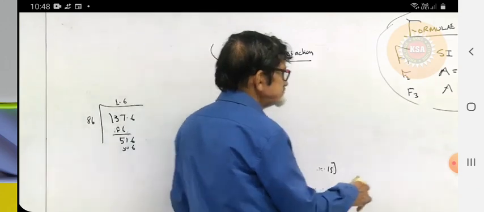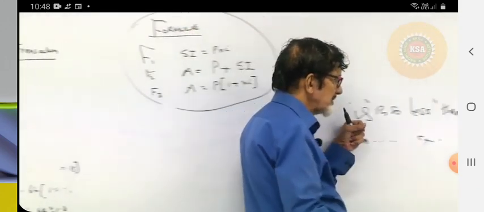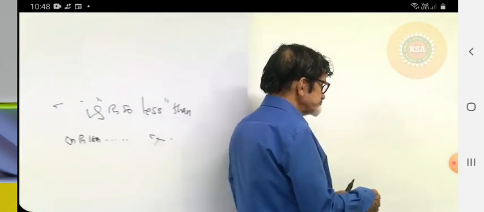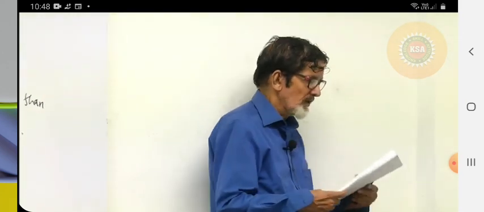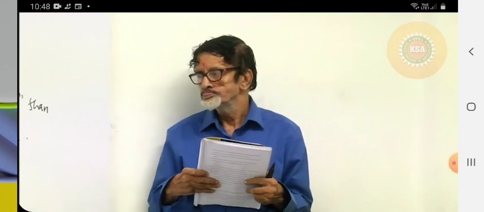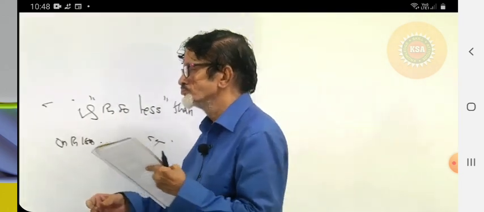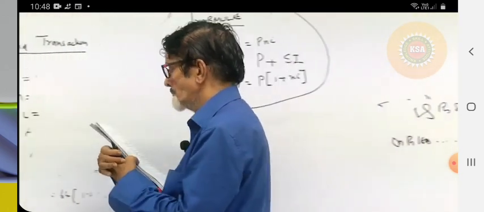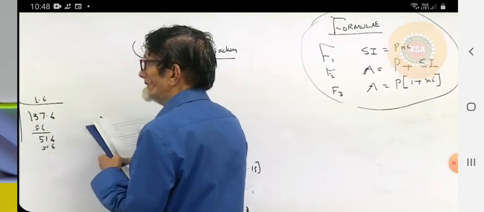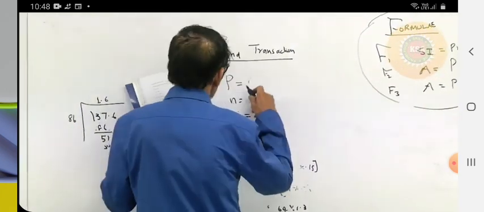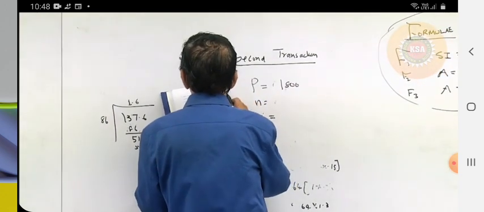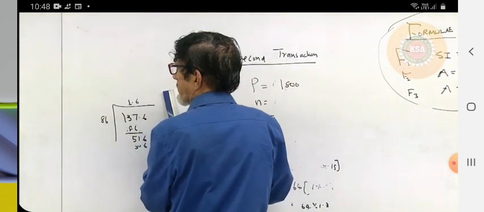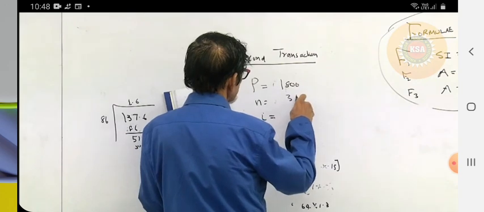Second transaction, P is equal to 1800. Same duration, 3 years.